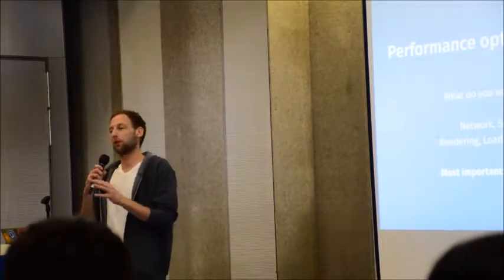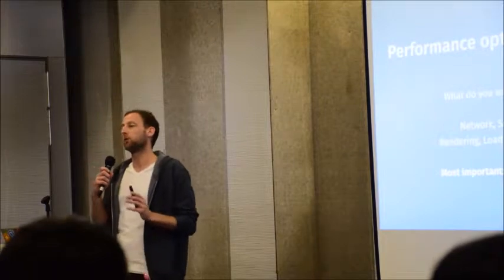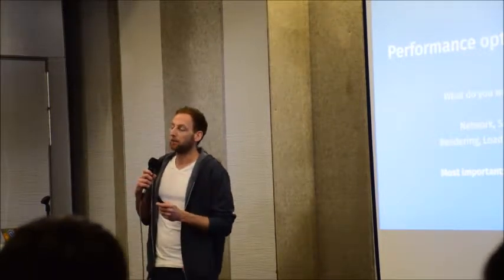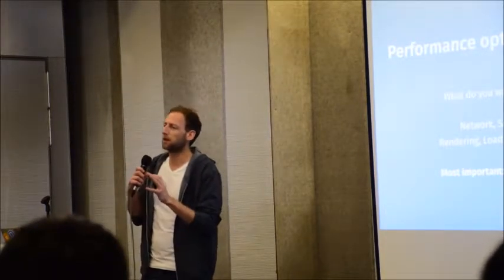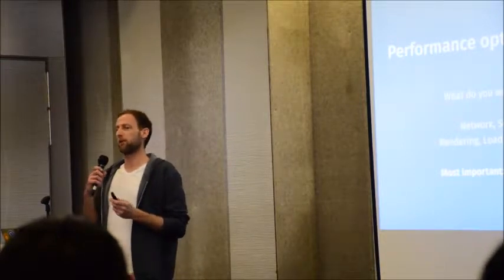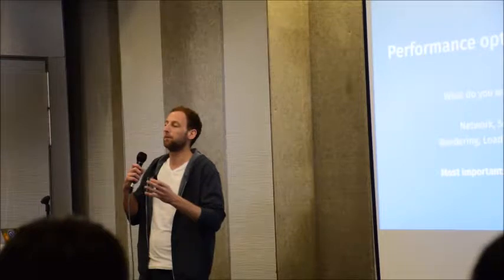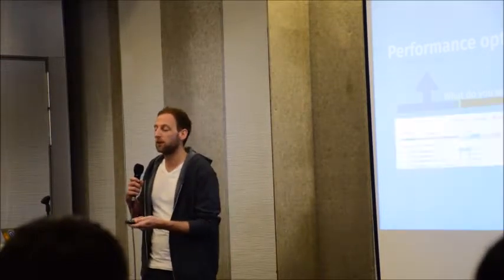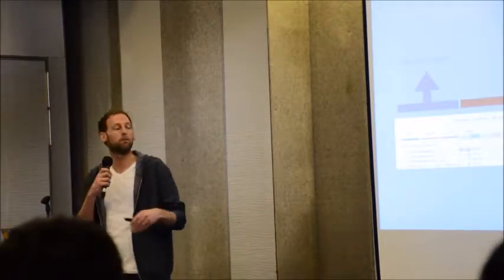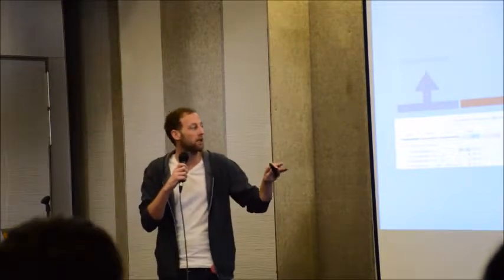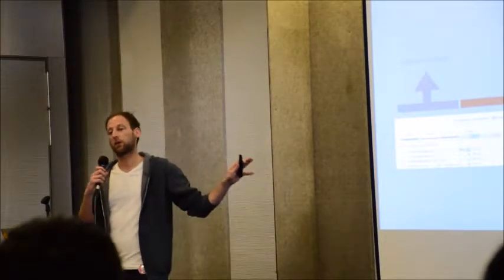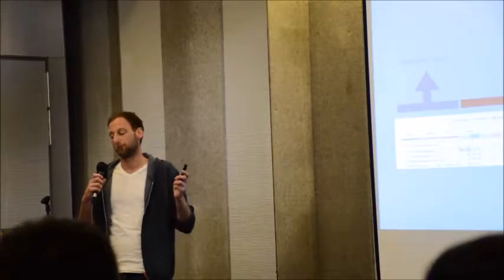But as a general rule, the front end is the most important part. I think the number is about 75% of the optimization impact. And here's a little bit of why. This is part of a waterfall chart, and you can see the network and server part is fairly fast compared to what happens on the front end.